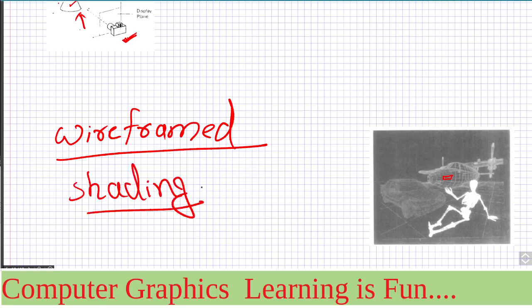So if you are able to assign a particular color, if you are able to shade this particular surface, then when all the surfaces are shaded with the desired color, the object will look more realistic.